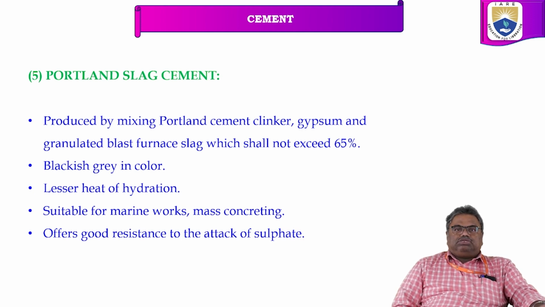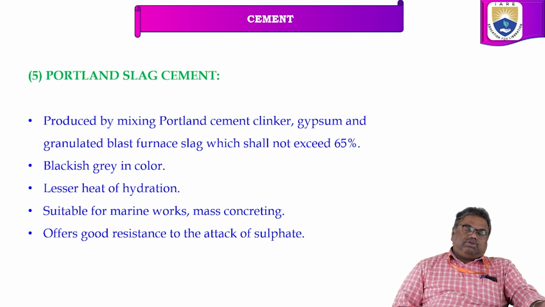The color of this Portland slag cement is blackish gray, and it has a lesser heat of hydration. The heat of hydration is very low, so it is suitable for marine works and mass concreting.